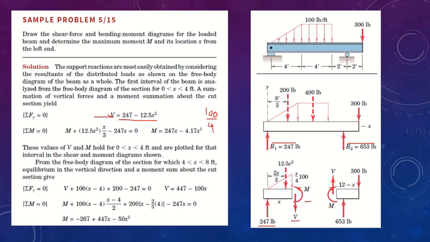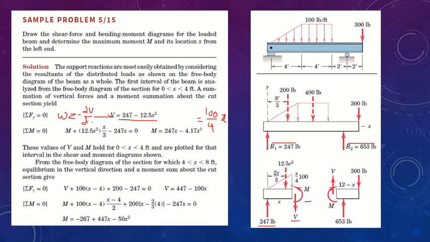Now, if you remember my previous slide, I said w is equal to minus dV by dx. As we know, w is a function of x, which is equal to 100 by 4 x, and you integrate it from 0 to x.